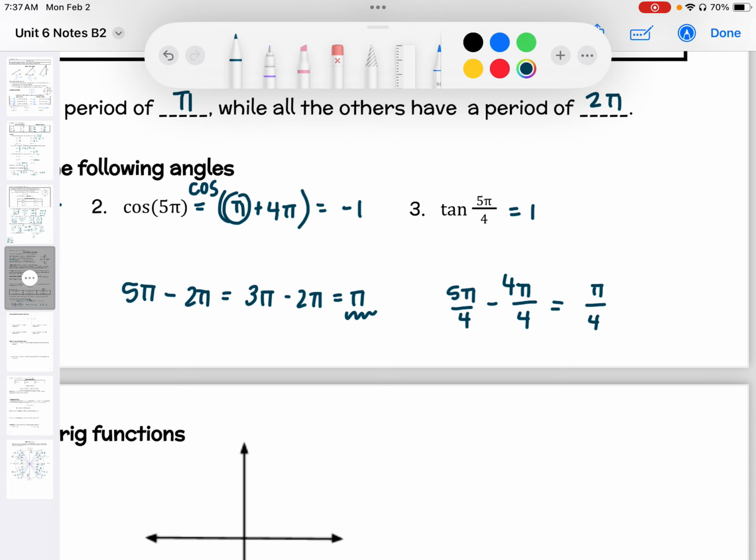And at pi over 4, I would have also 1. So it takes pi rotations to repeat. Unlike the full rotation we need for sine and cosine, we only need to rotate half the circle to start repeating our tangent values again.